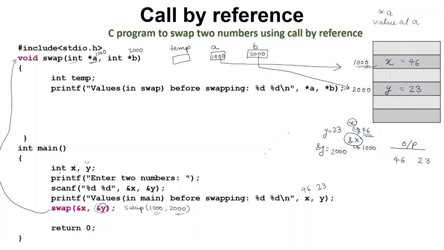So here you see star a, value at, what is a? A is your 1000. So value at 1000. What is the value at 1000? 46, isn't it? 46 is stored at 1000. So what will be displayed over here? Star a means your 46.